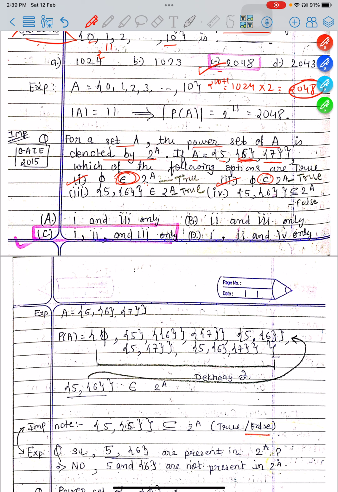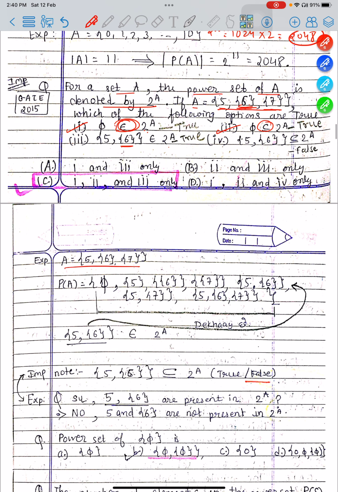And {∅, {∅}} belongs to 2 raised to A. For this we have to make the power set. See, the power set of this A has elements. Hey, wait, why am I doing this? I got it, here it is.